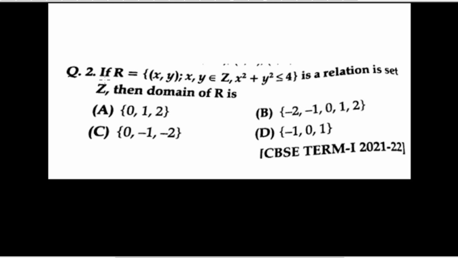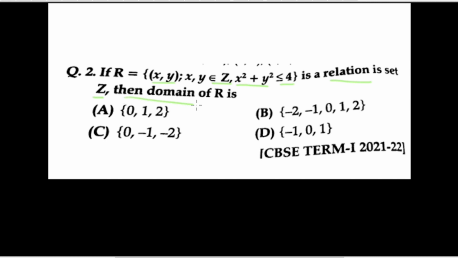In question number 2, R equals {(x, y)} such that x, y belong to the integers, and they have also given us a condition: x squared plus y squared is less than or equal to 4, meaning it's a circle equation. They are defining the relation on the set Z, that means integers.